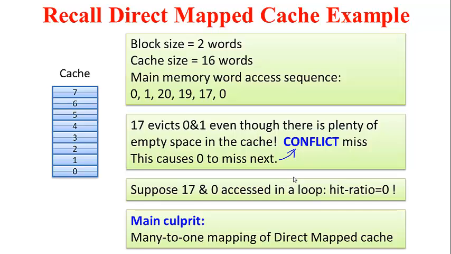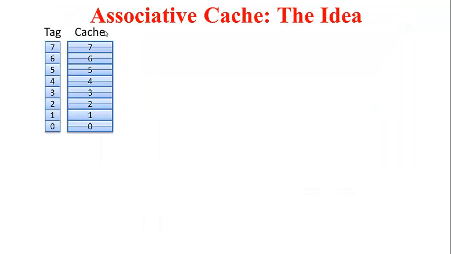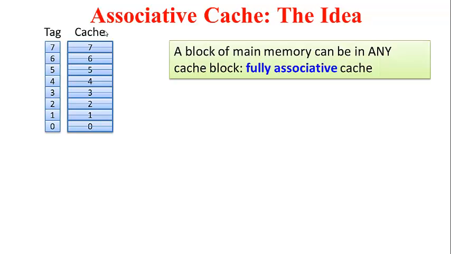Having identified the problem and the main culprit, let's see now how we can fix this. Since the main culprit is the many-to-one mapping, the idea of associativity is essentially fixing that. Now we are going to say that a block of main memory can reside in any cache block.